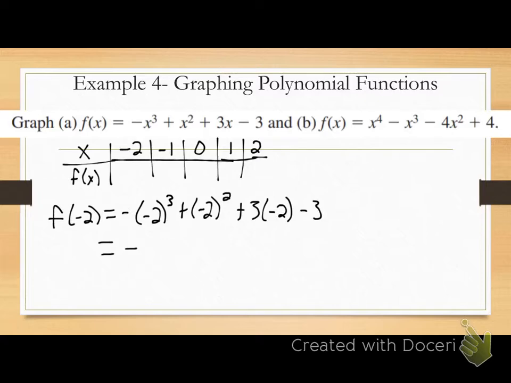What would negative 2 to the third power be? Negative 2 times negative 2 times negative 2. Negative 8. Negative 2 squared. Positive 4. 3 times negative 2?